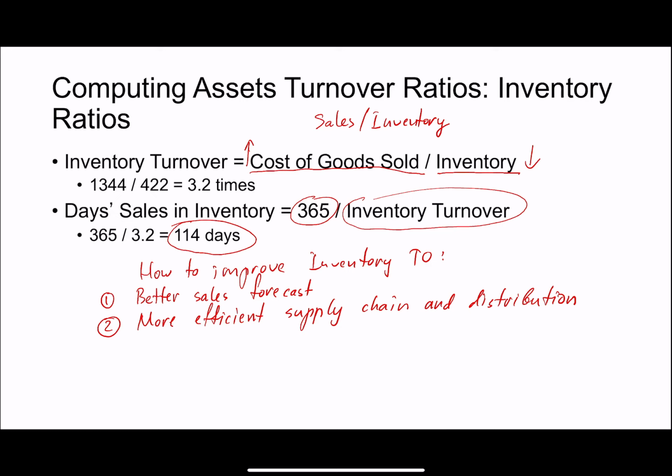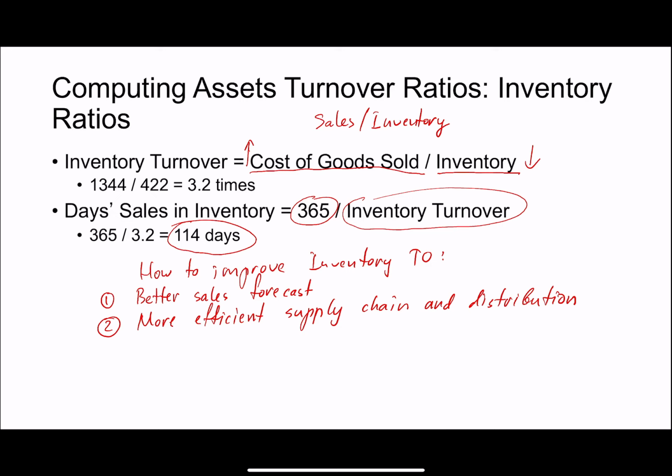And similarly, the distribution. If you distribute your products very efficiently, when the product goes from production facility to your final destination customer very quickly without a lot of storage, okay, your inventories will also be lower. That's actually the reason why Tesla is so efficient, because their distribution bypasses a lot of dealerships.